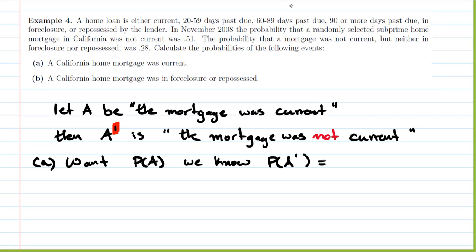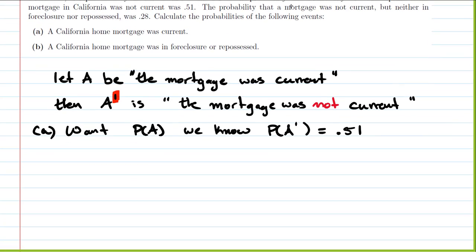The probability of A prime, and we're told that it is 0.51. So then the probability of A is equal to 1 minus the probability of A prime. So that's going to be 1 minus 0.51, which is going to give us 0.49. So the probability that a California home mortgage was current would be 49%.